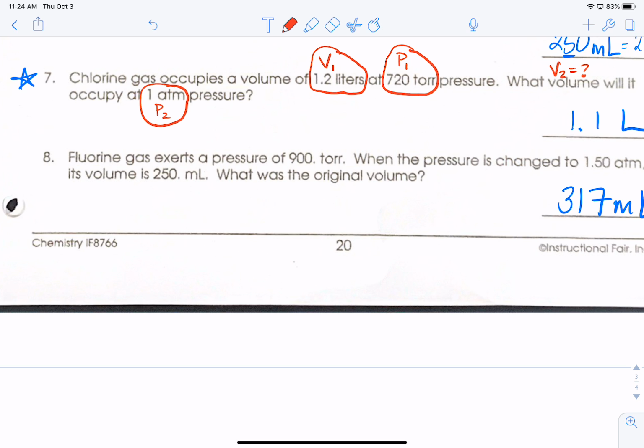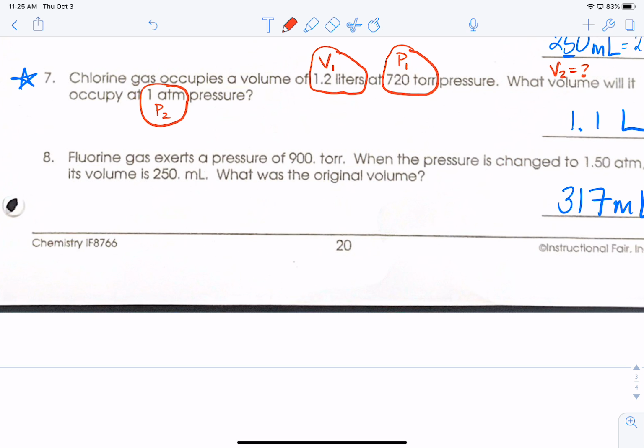Yeah, 1 atm and 1 torr. Actually, the one I had was good. Well, darn, I changed it. Let's go back. There it is. I know that 1 ATM is equivalent to 760 torr.